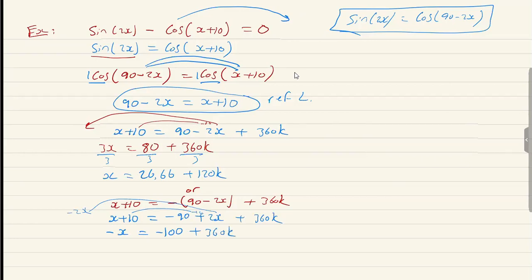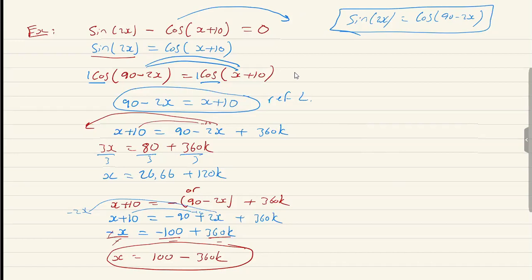Now divide each side by negative. So x is equal to 100 minus 360k. It can be negative 360k or positive 360k. It doesn't matter, because when you add or subtract 360k, you come to the same place. So exactly 100% same, plus 360k or minus 360k.